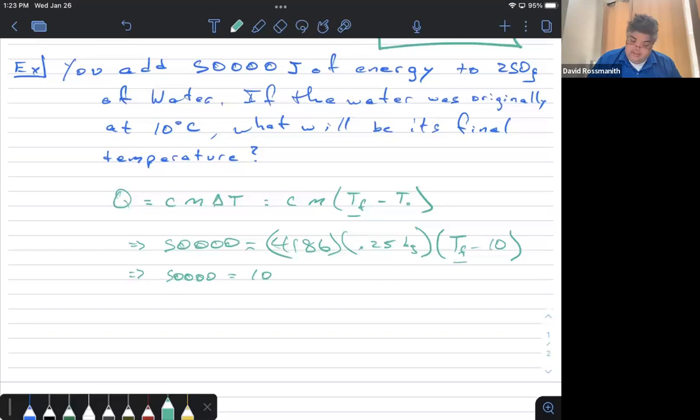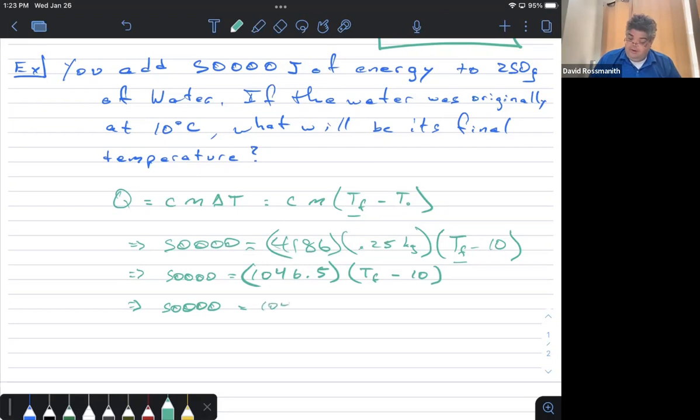And this is 1046.5 times final minus initial. Okay. Next step, if I'm going to do this step by step, leave 50,000 alone again. Now I have to multiply that 1046.5 times each of the two things in that binomial.